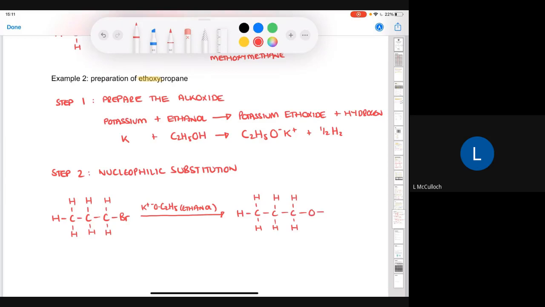So popping in the ethoxide instead of the bromine there. And that will give us ethoxypropane, like so.